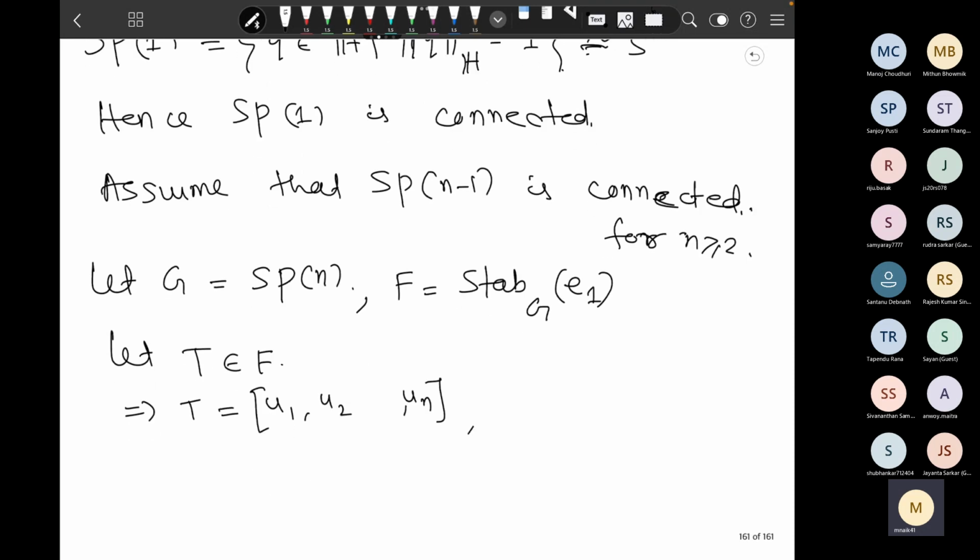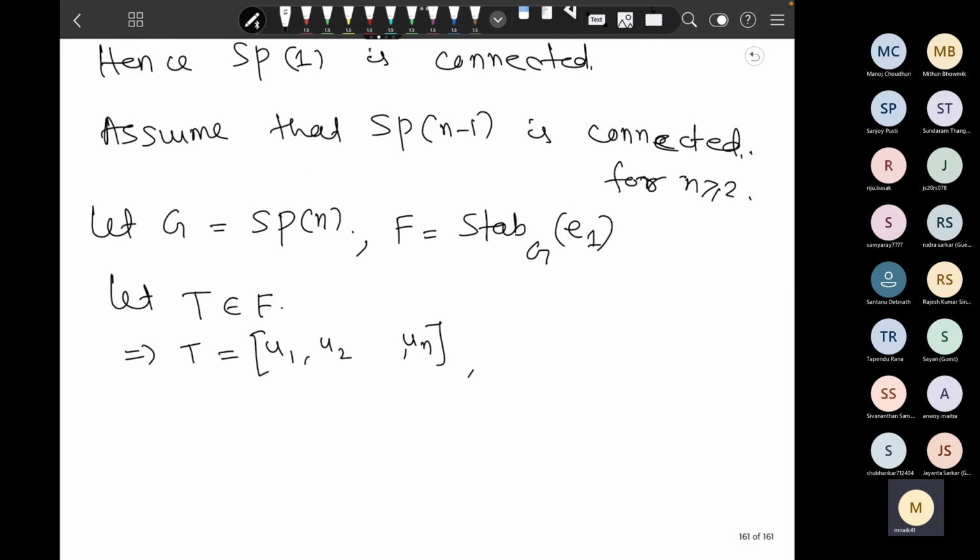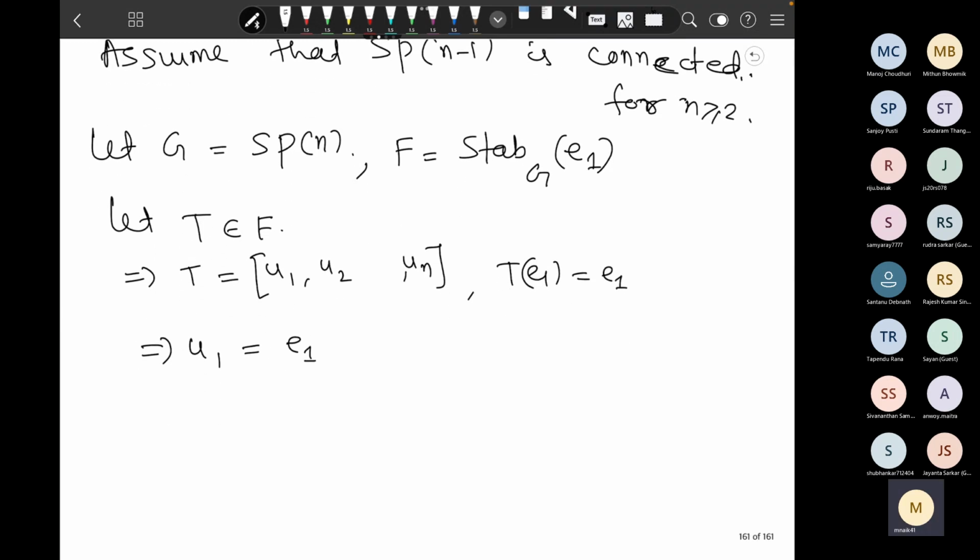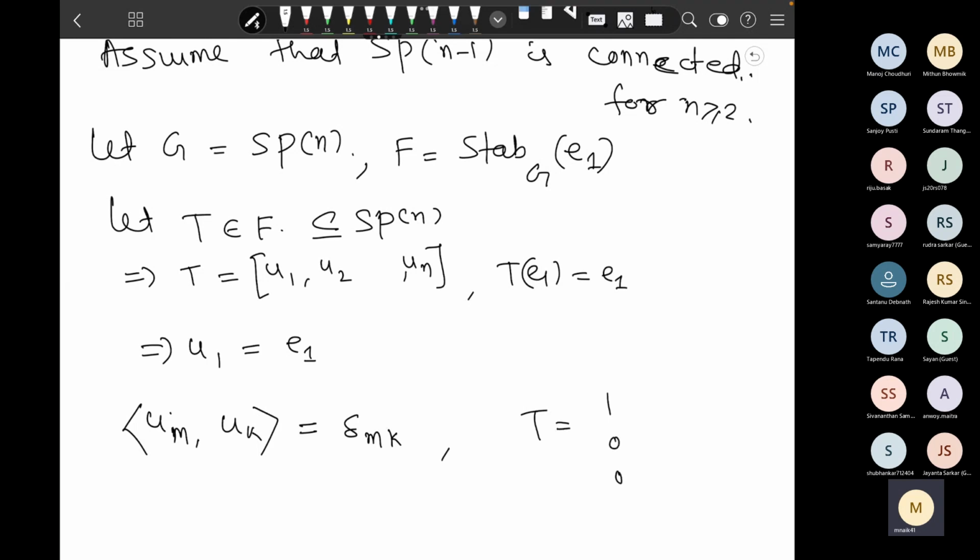Now T of U1 is equal to U1. This will imply that U1 is equal to this is U1. Now as F is a subset of SP_n, this will imply that U_m, U_k is delta_mk. So T is of the form something like 1 0 0 0, and there is something here.